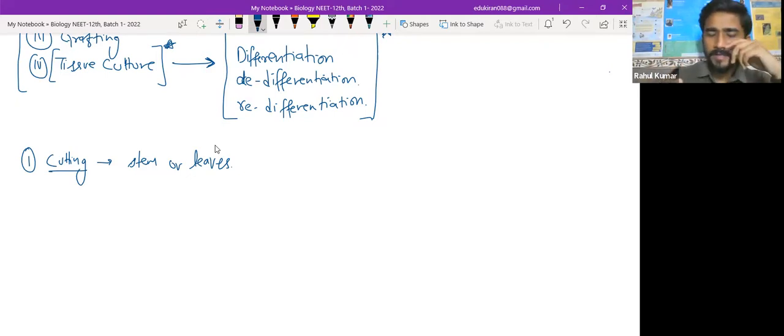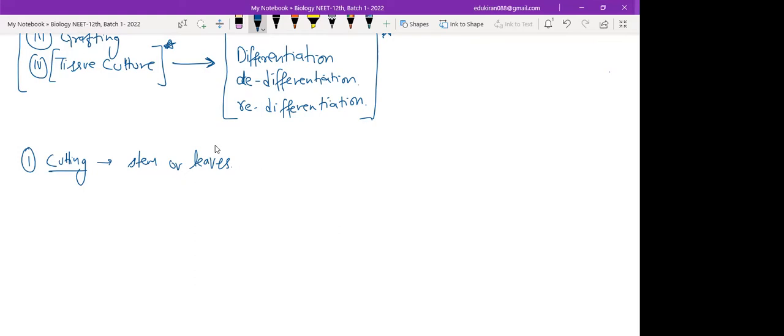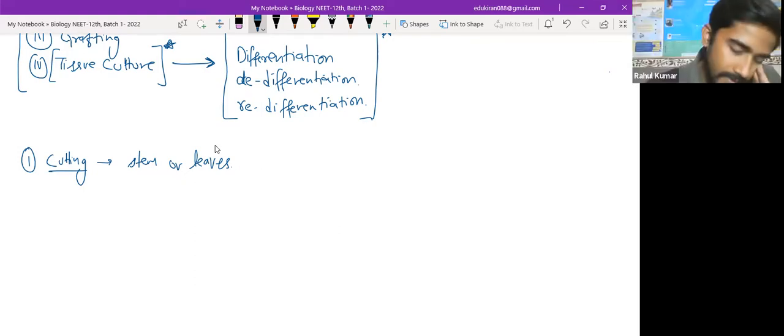So you simply have to cut it and plant it in the soil. In this process, a part of the plant, specifically stem or leaf, is cut and planted in the soil. Is it clear?